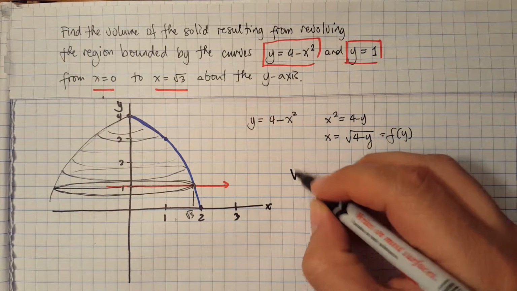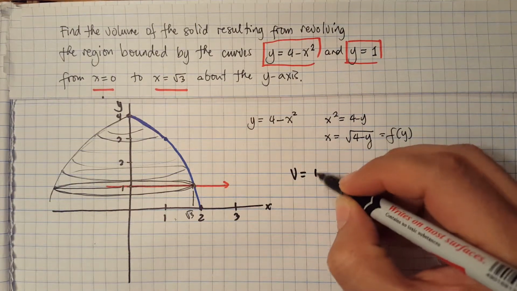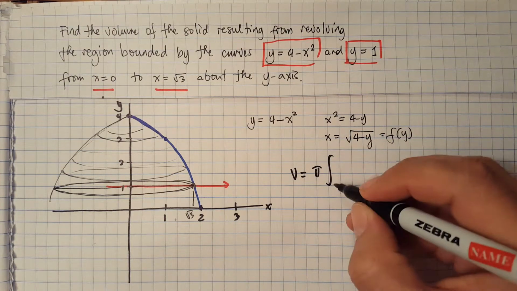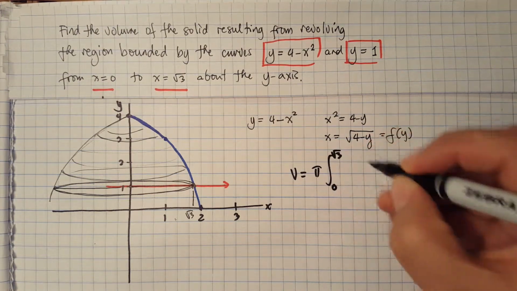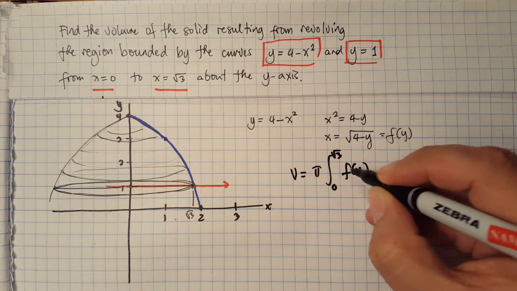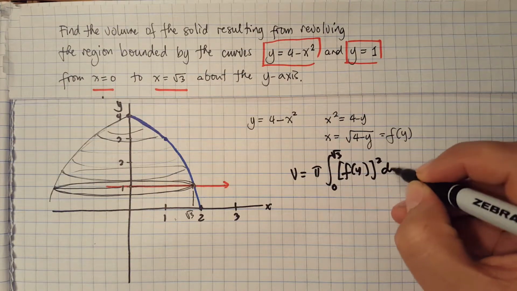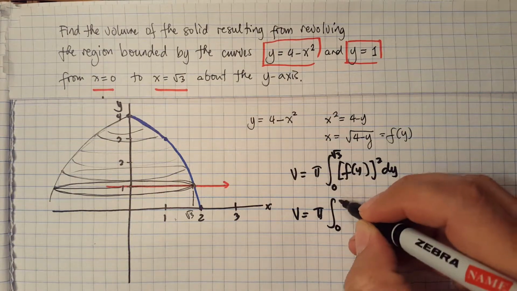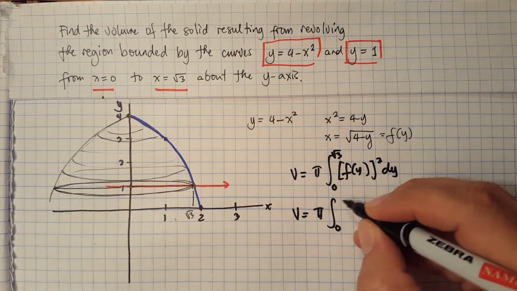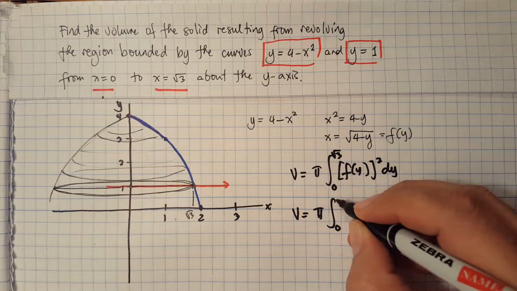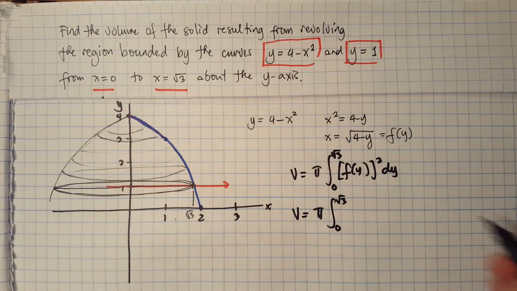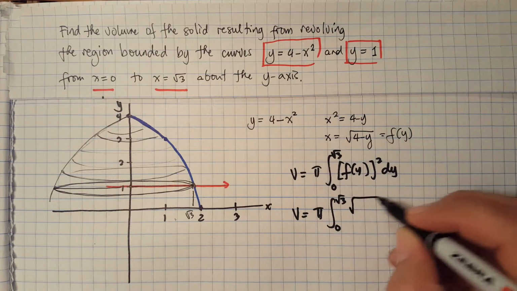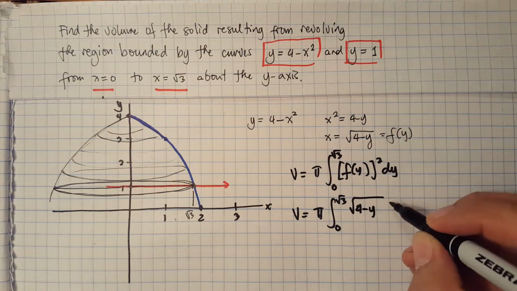The volume of this region is given by pi times the integral from 0 to square root of 3 of f of y squared dy. f of y is the square root of 4 minus y.